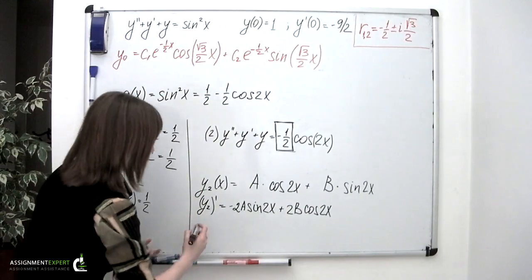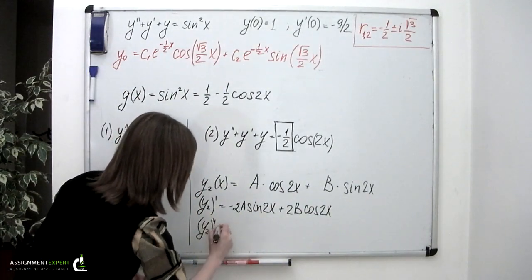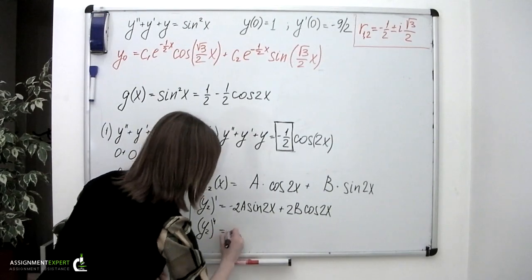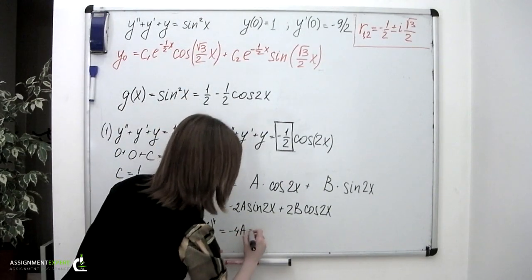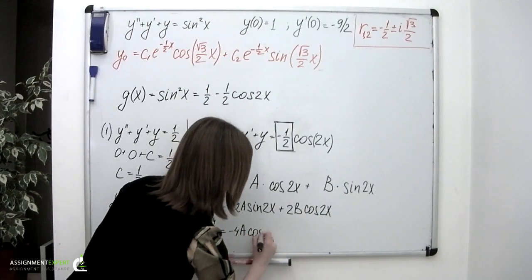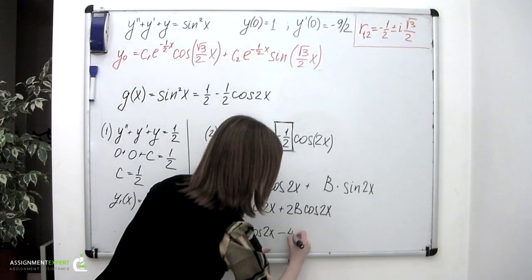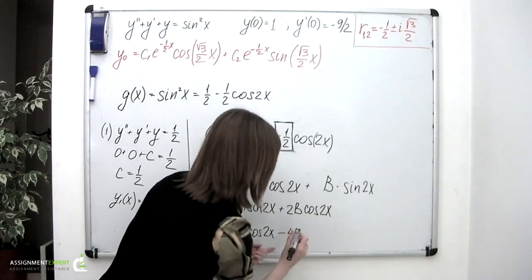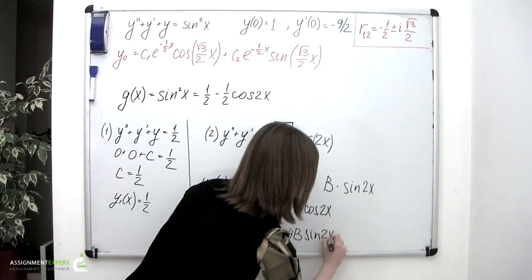We also need the second derivative, so y sub 2 double prime equals negative 4a times the cosine of 2x minus 4b times the sine of 2x.